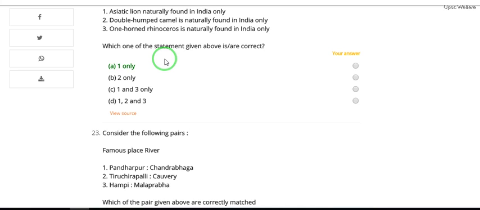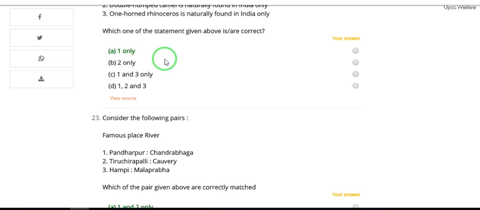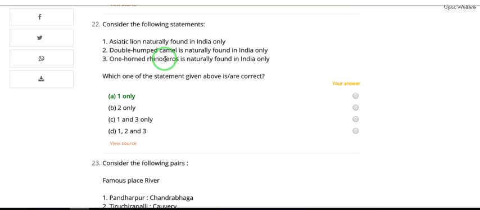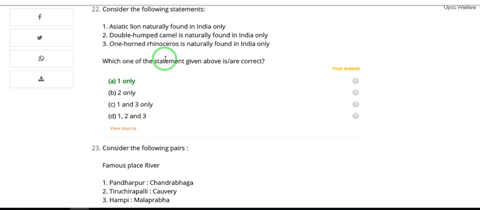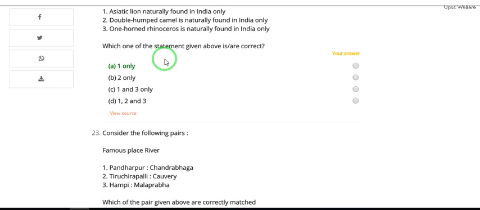And as for the third, the one-horned rhino is naturally found only in India, so it's going to be wrong. So only 1 is going to be correct because of the Asiatic lion, especially found in the Gujarat national park, that is Gir. So it's going to be 1 correct.